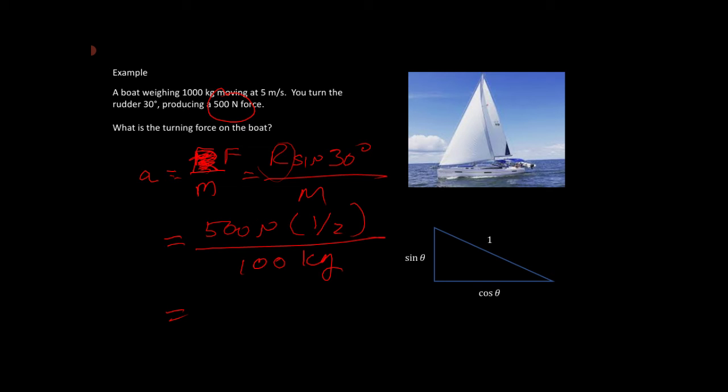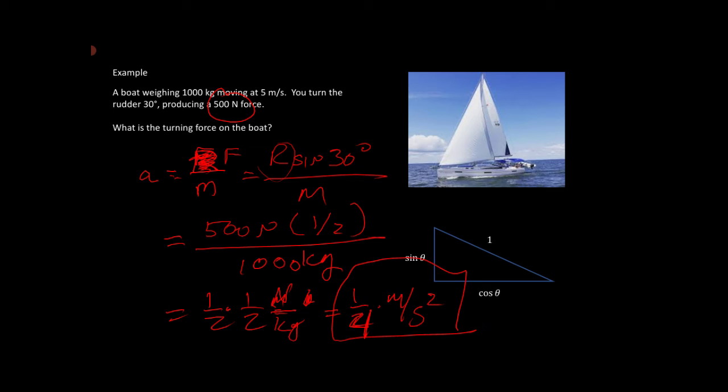So 500 divided by 1,000 is 1/2, and 1/2 times 1/2 is 1/4, newtons per kilogram, which is 1/4 meters per second squared. I wish I had more time so I could actually redo these. So that gives us 1/4 of a meter per second squared for the turning force.